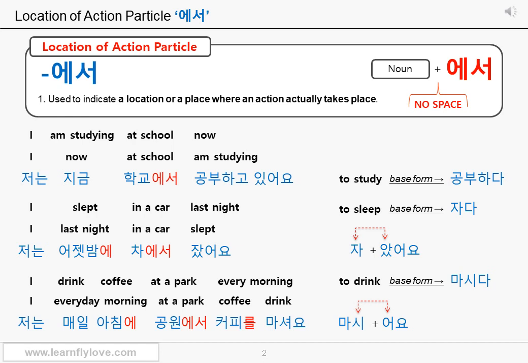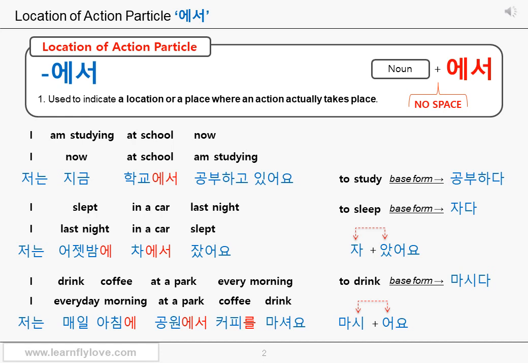The last letter of the stem 시 doesn't have a final consonant, therefore you need to combine 시 and 어 sound together, and it becomes 셔 sound. 마시어요 becomes 마셔요.